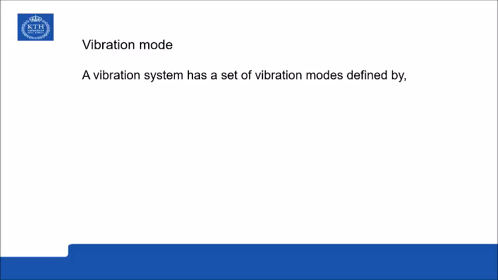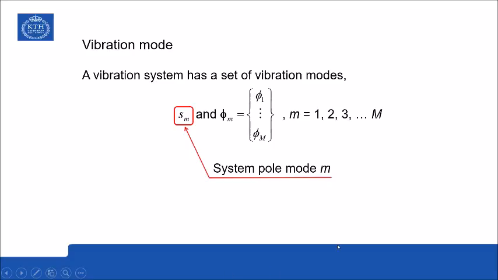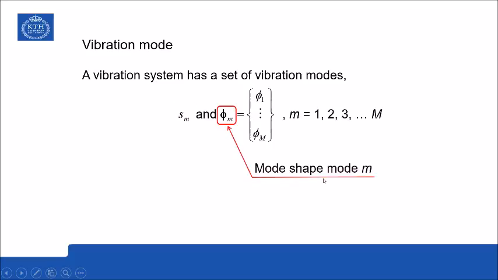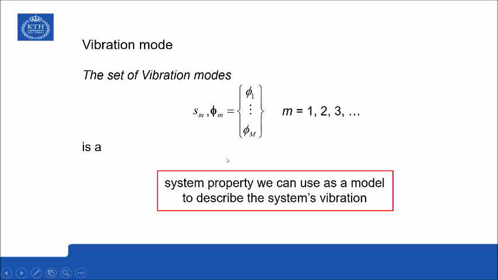In a previous presentation, we concluded that the vibration system has a set of vibration modes, and those are defined by a parameter Sm, which is the system pole of the system corresponding to mode M, and a mode shape vector corresponding to the mode M. So each system has a set of pairs of poles and mode shape vectors.